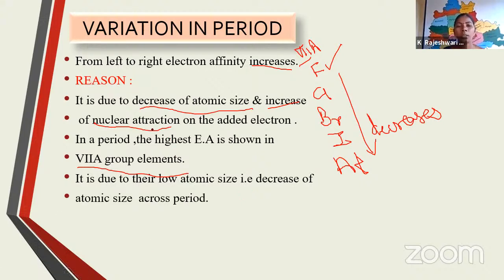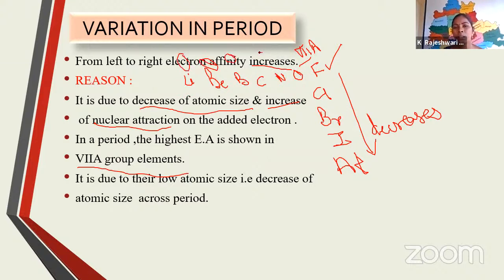The highest electron affinity is shown by the 7th group elements, because in a period, you come from lithium, beryllium, boron, carbon, nitrogen, oxygen, then afterwards fluorine. What is happening to the atomic size? Slowly the atomic size is decreasing.